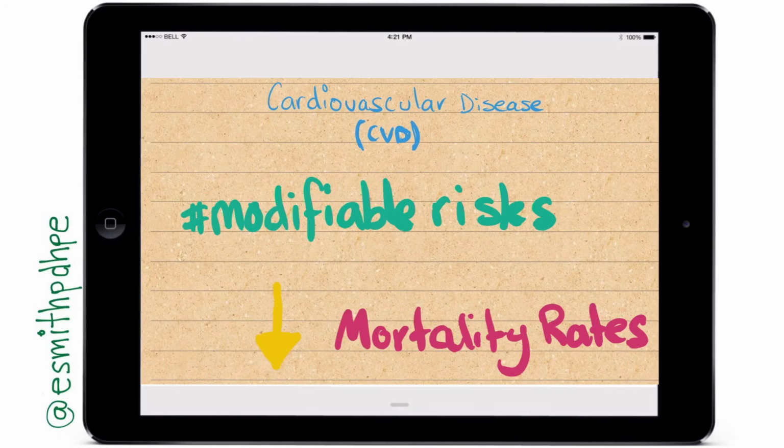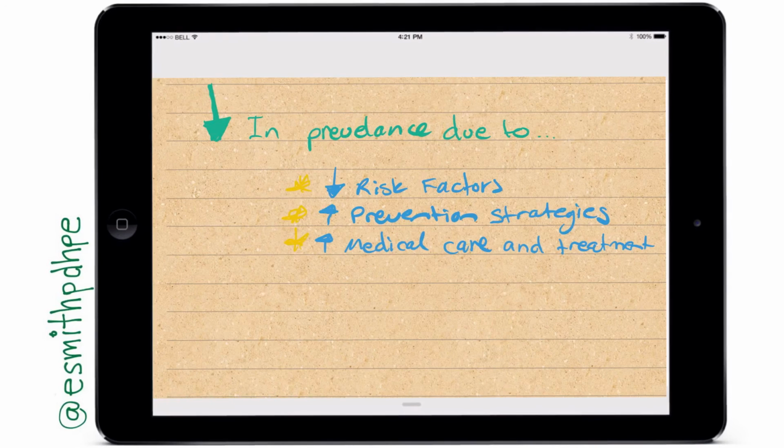If we have a look at some of the reasons for decreasing mortality rates, the main ones are the fact that the modifiable risks for cardiovascular disease have been identified, and people are starting to make changes within their life and their diets to ensure that they are at less risk of obtaining cardiovascular disease.